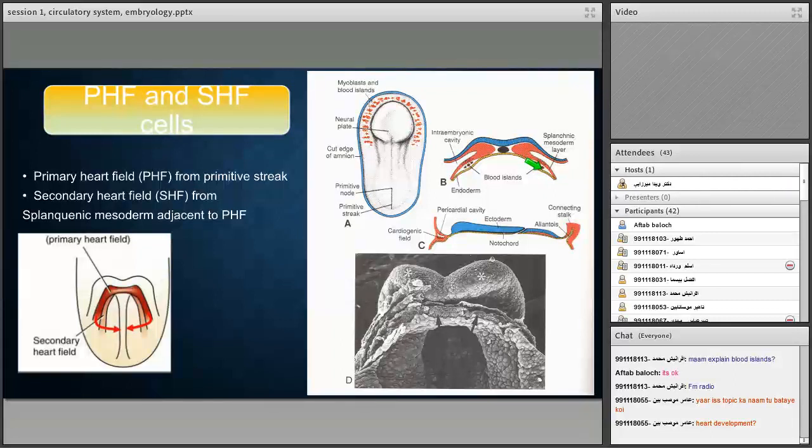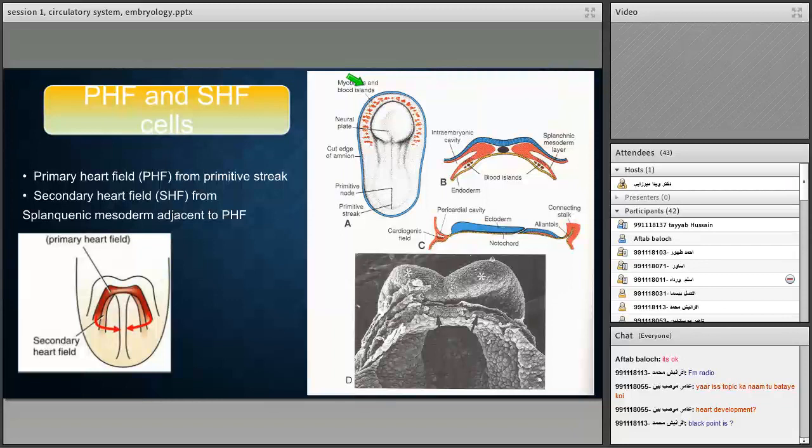The endoderm, which is placed under these cells, is inducing the cells of the splanchnic mesoderm to produce some myoblasts and blood islands.